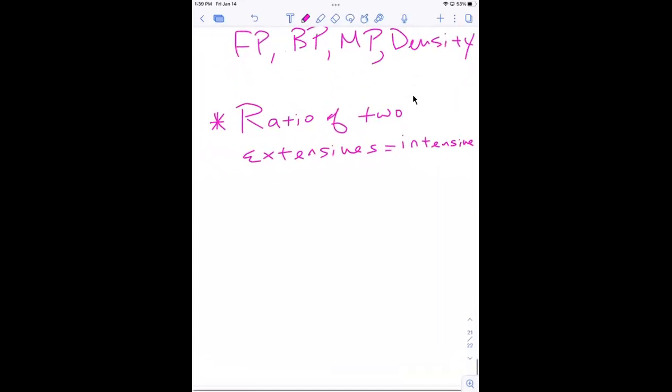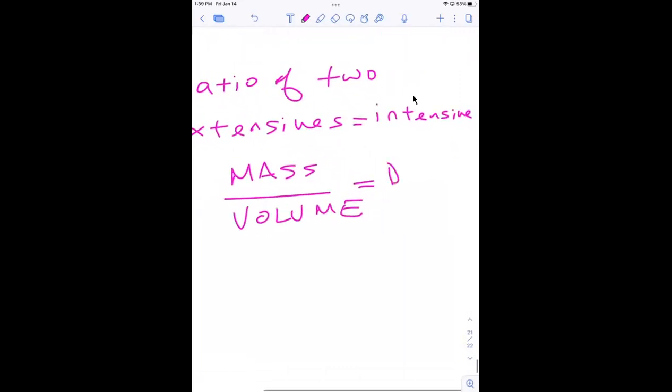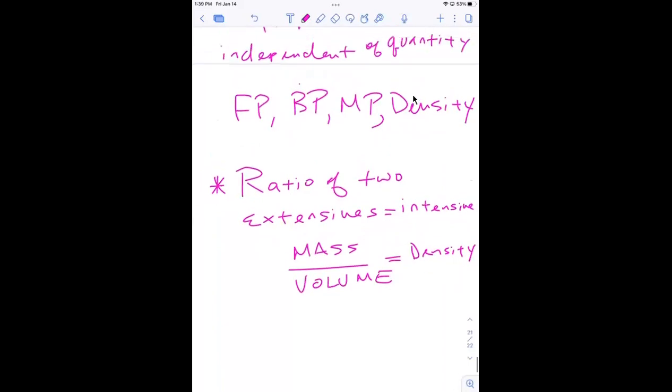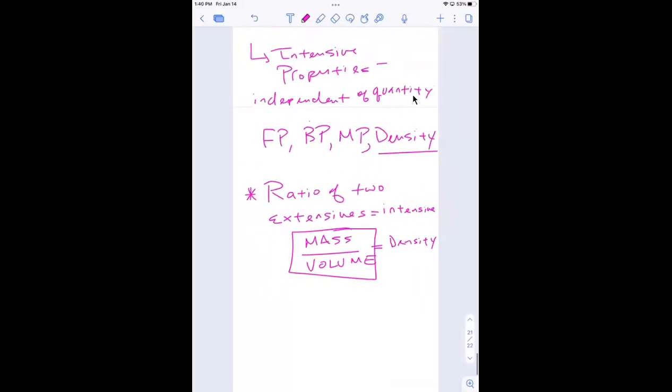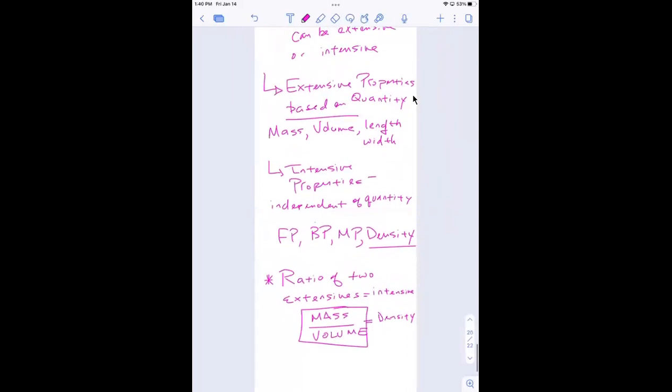If I take a ratio of the mass and the volume, I'm going to get density. Density itself is an intensive property, which is a ratio of these two extensive properties. Any questions about physical properties, extensive properties, intensive properties, anything?